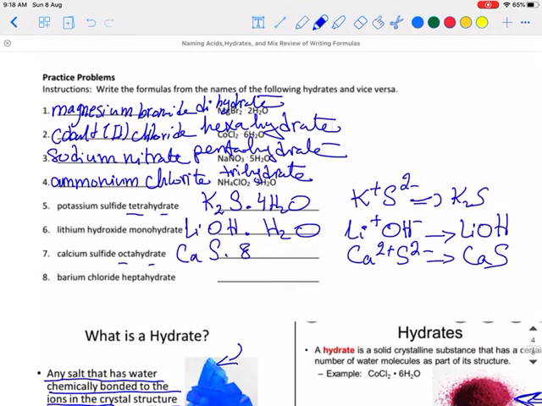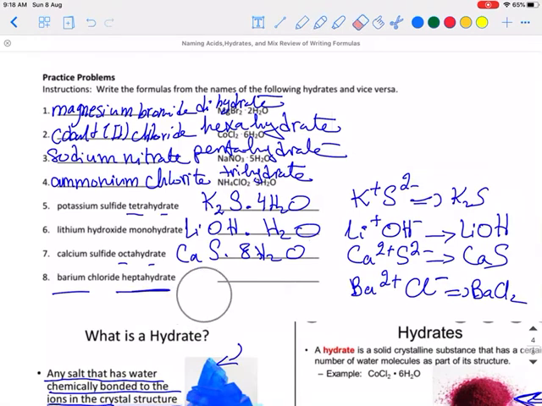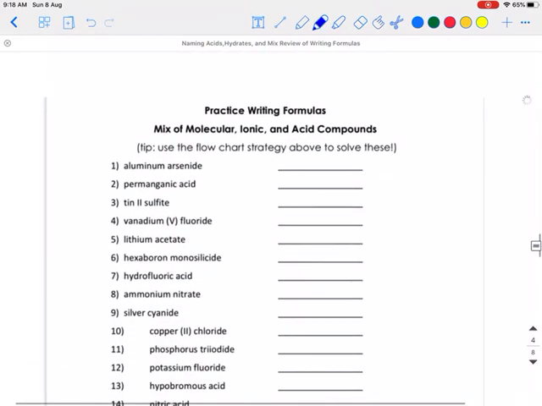And octahydrate, it means it contains 8 molecules of water. Barium chloride, barium group 2, which is 2 plus, chloride Cl minus, crisscross, it will be BaCl2. And heptahydrate, hepta means 7, so it contains 7 molecules of water.